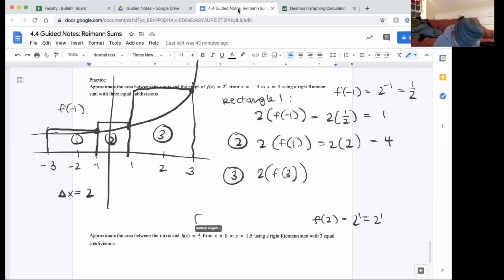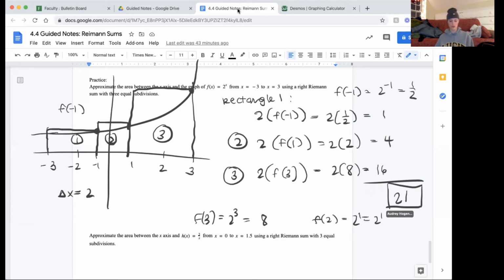Excuse me, sometimes those basic calculations really get you. f of 3 is going to be equal to 2 to the 3rd, which is equal to 8. So this is going to be equal to 2 times 8, which is equal to 16. And then our total area is going to be 16 plus 8 plus 1, which is equal to 25. And so our approximated area under the curve is 25.